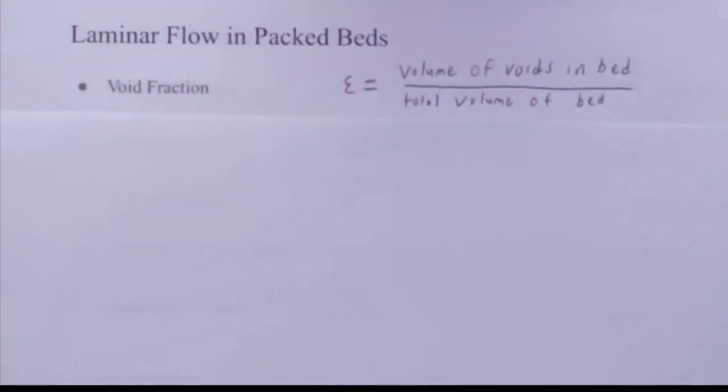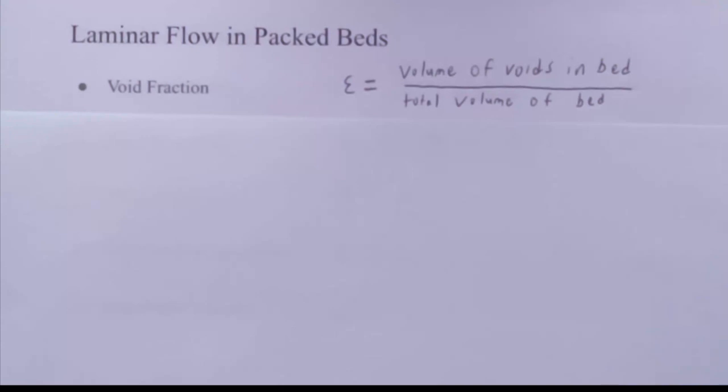To describe laminar flow in packed beds, the first variable we need to define is the void fraction of the bed. The void fraction is the ratio of the volume of voids in the bed to the total volume of the bed. And it's used to tell how much of the total volume in the bed is available for fluid to flow through.